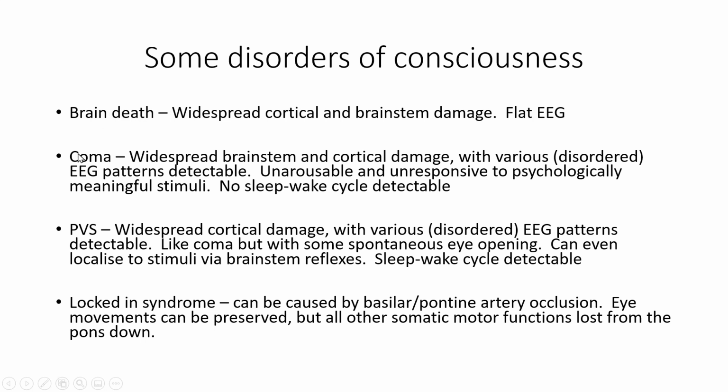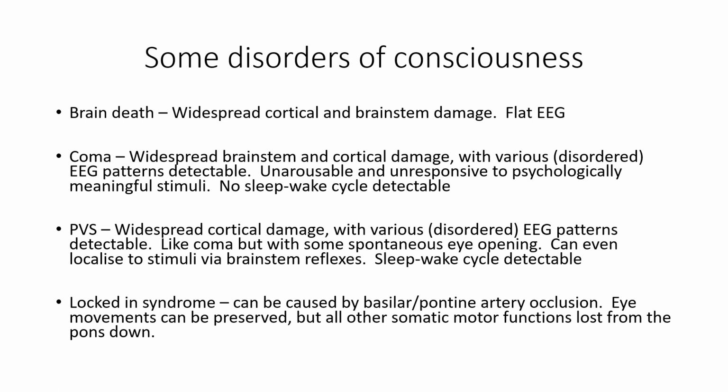The next condition in order of severity is coma, and in coma what we see is once again widespread brainstem and cortical damage, however maybe not quite as severe as in the case of brainstem death. And we see various disordered EEG patterns, so that the neurons are doing something, but they're not really able to synchronize.